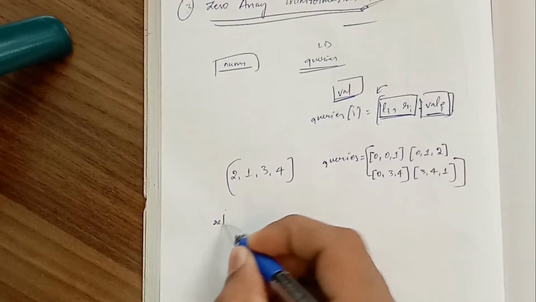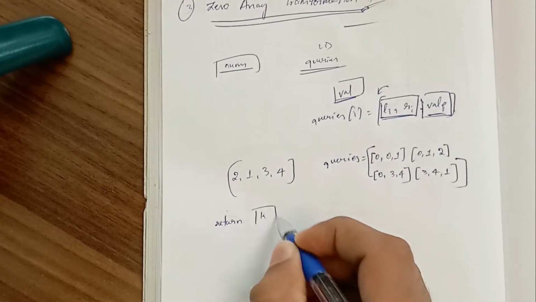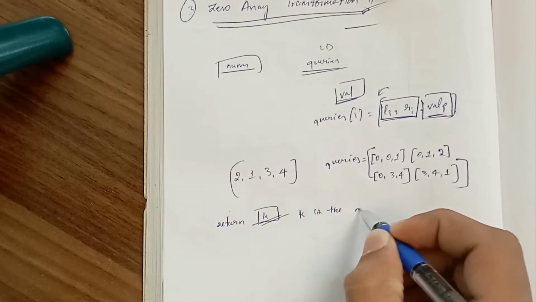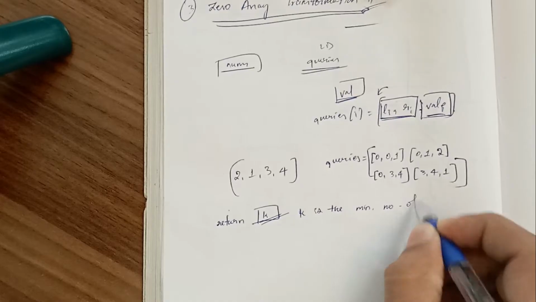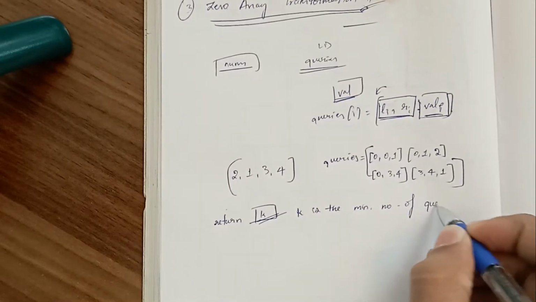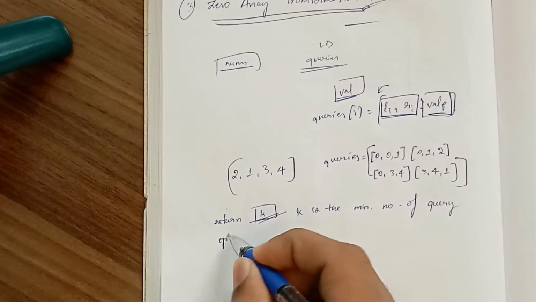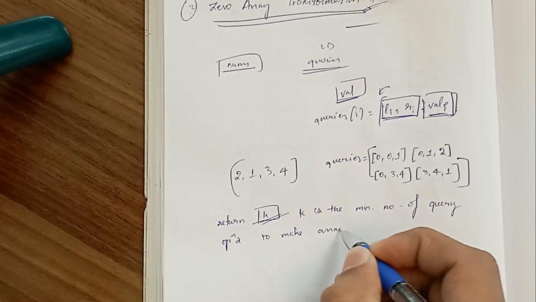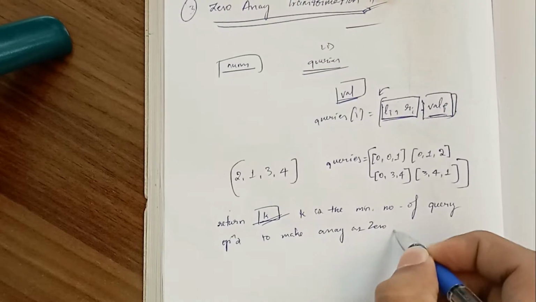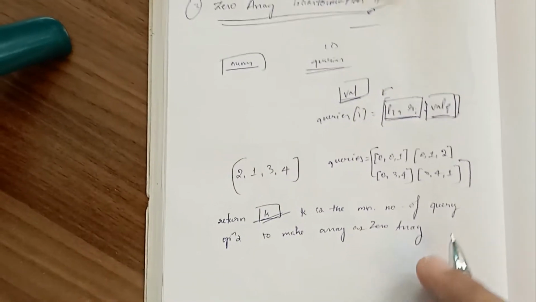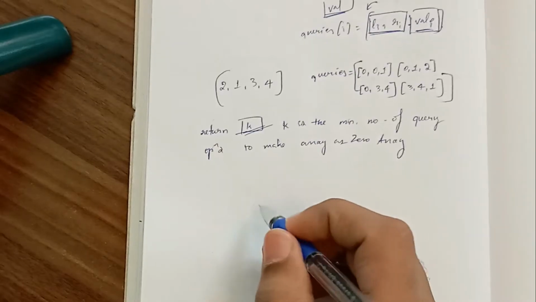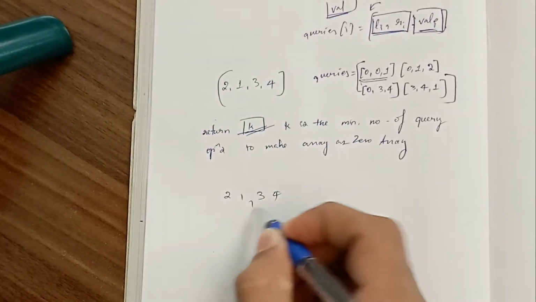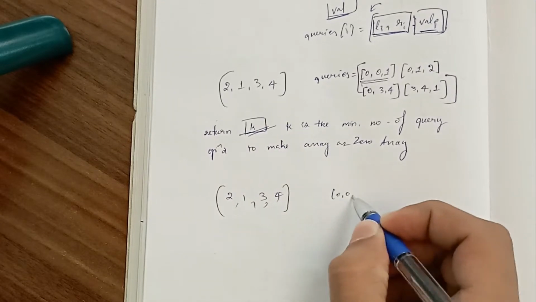We need to return k, where k is the minimum number of query operations to make the array a zero array. Let us think about the first query, 0 comma 0 comma 1.